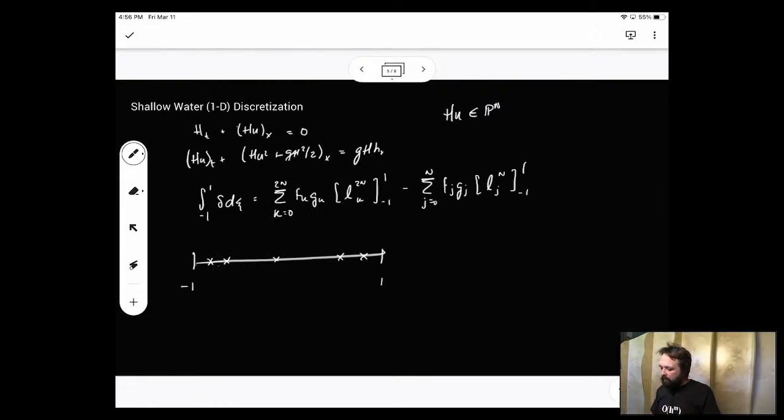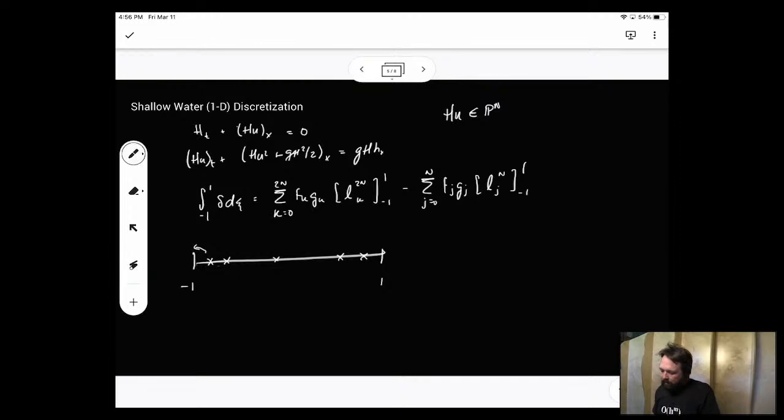So if I want to calculate the Lagrange interpolating polynomials at the boundaries, I really have to do an interpolant to prolong the functions to the boundaries. And now if I do that prolongation for a polynomial degree of 2n, and using that expansion, I get a number for f times g. And if I do the prolongation using an nth degree polynomial, I get a different number. And so these terms don't actually cancel out.